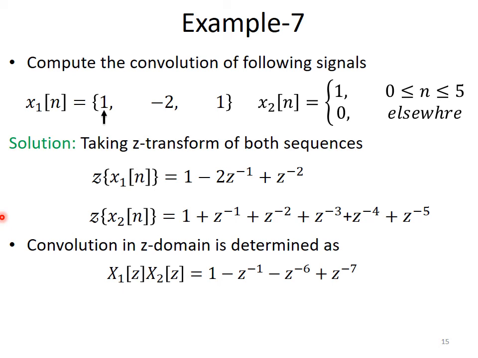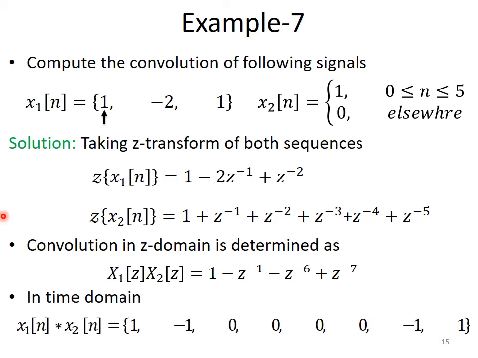Now taking the inverse z transform, this is z power 0 coefficient, this is z power minus 1 coefficient, and z power minus 2, minus 3, minus 4 and minus 5 coefficients are 0. Z power minus 6 coefficient is minus 1, and z power minus 7 coefficient is 1. So we can make the convolution in a very simple way.